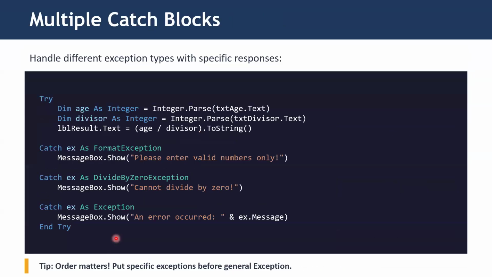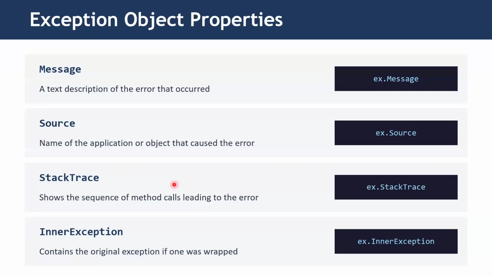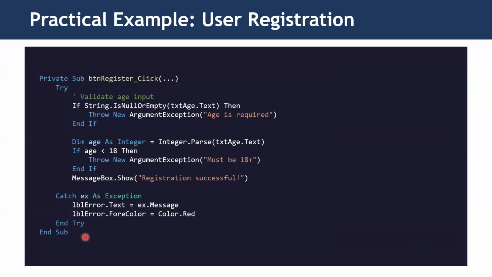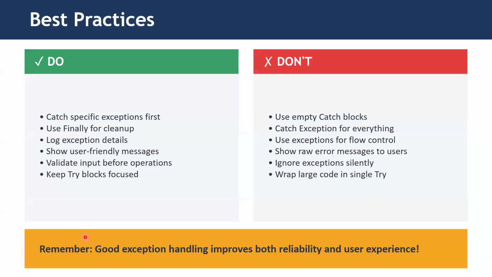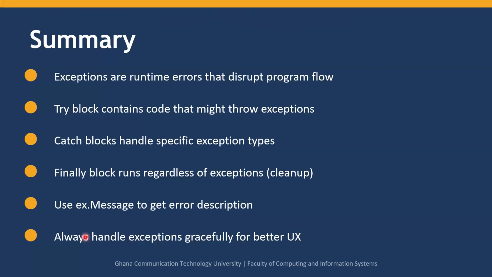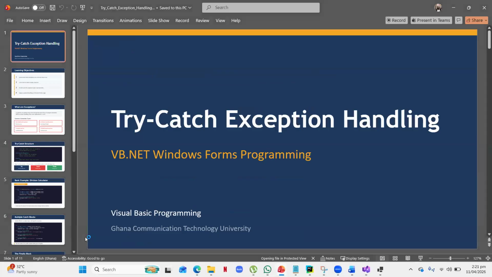For example, over here, the name of the exception is format exception. The name of when you divide something by zero is called divide by zero exception. So you can find the actual name of the exception using the inner exception. So these are examples, and these are the best practices of how to utilize the exception.